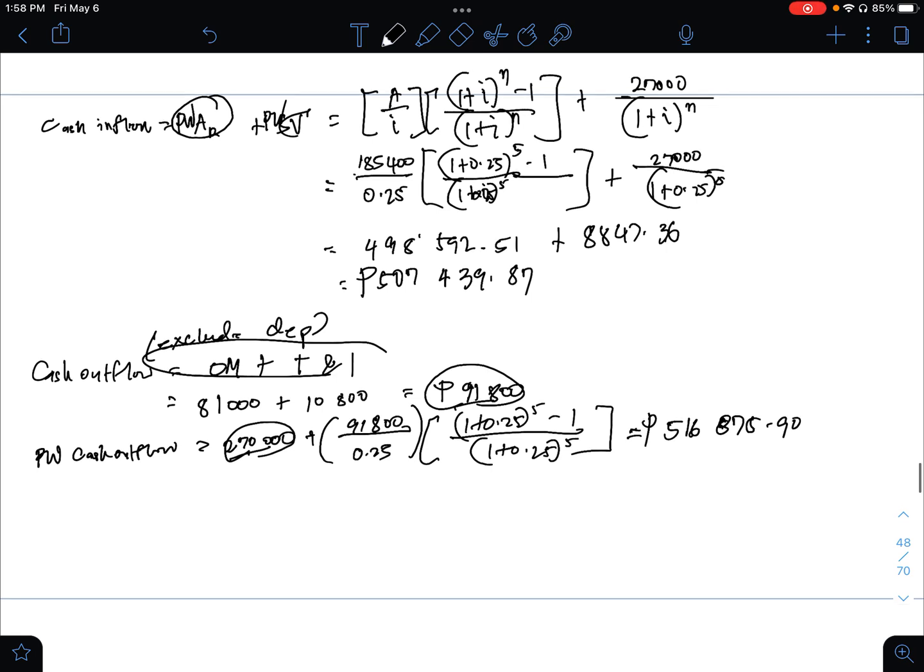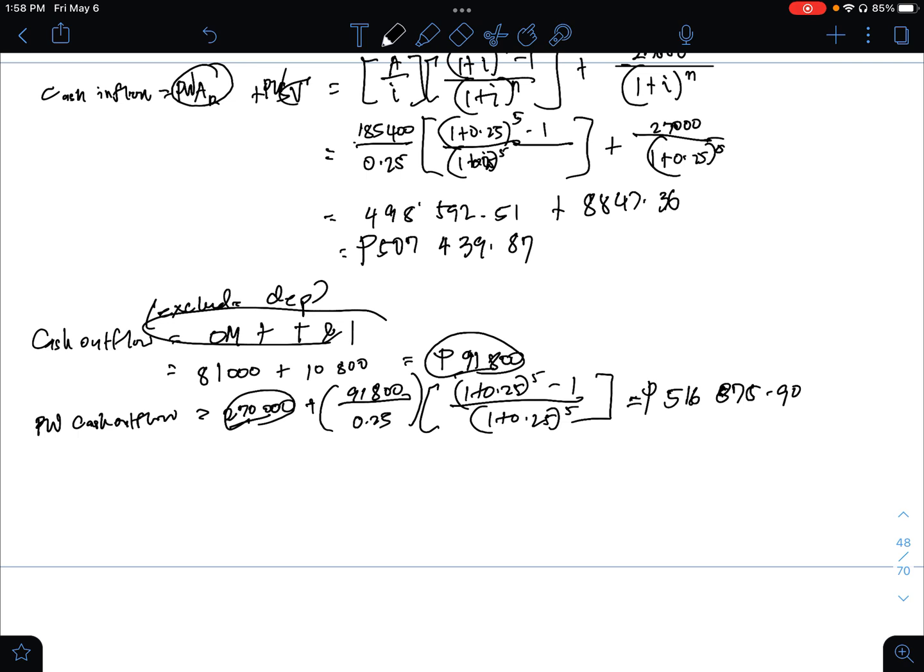Tapos, sa cash outflow naman class, ito ang annual cost. So, present worth of the cash outflow or the annual cost. I-add natin siya sa investment, of course. So, we have 516,875.90.